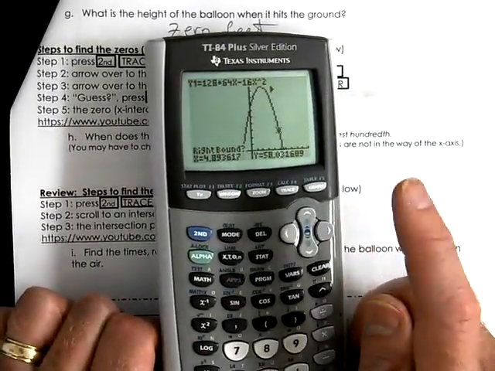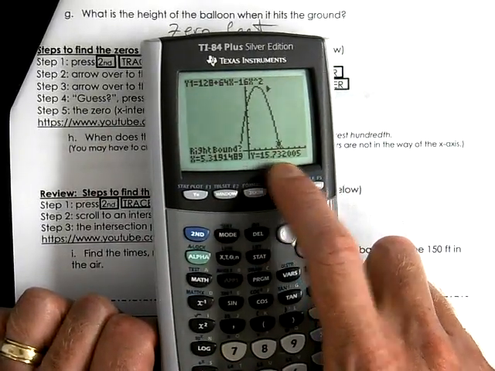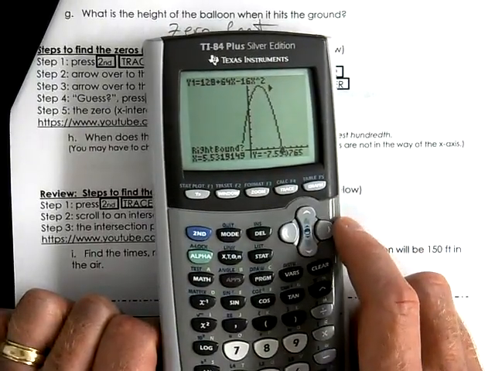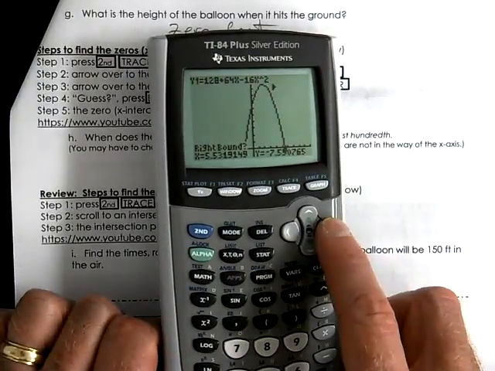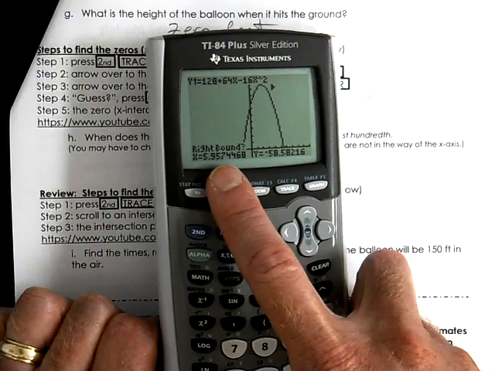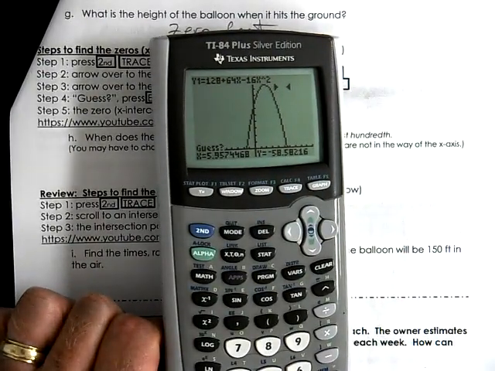To the right of it would be when you're below. Currently I'm at 15, then I'm -7, so I'm below it. That means my x's are to the right of the real answer. I'm still to the right of it, and I'll always get bigger now when I keep hitting to the right. So that's close enough. I'll just hit enter.